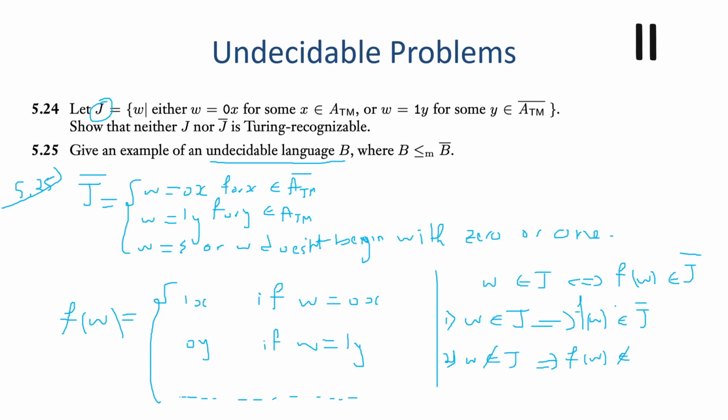Remember, that's the whole point of if and only if. Remember the whole drawing: when it does belong, the mapping should also belong, and when it's not, it should not. So you have to prove these two parts. Again, the computability part is straightforward. This is the part that we care about.